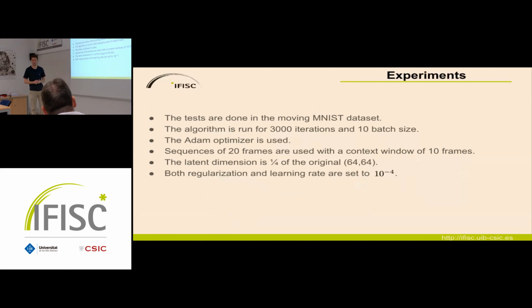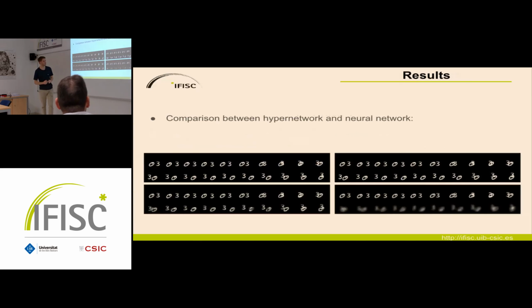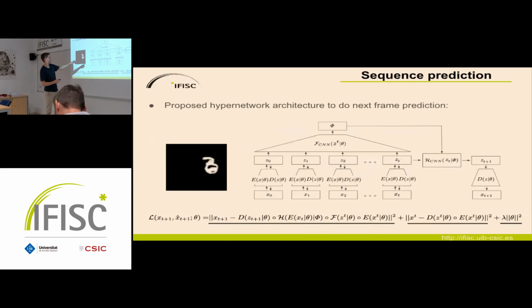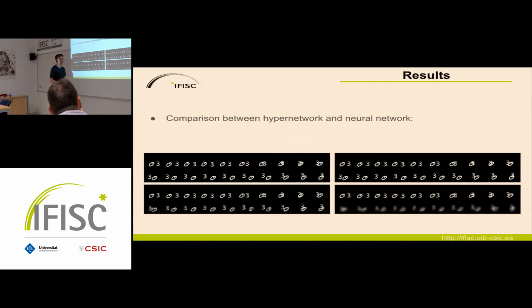Now let's go through the experiments and see how this performs. Again, for completeness, those are the parameters. The comparison here is done as follows: if we train this model directly, without using all this primary network, we learn directly the parameters, and we get this.